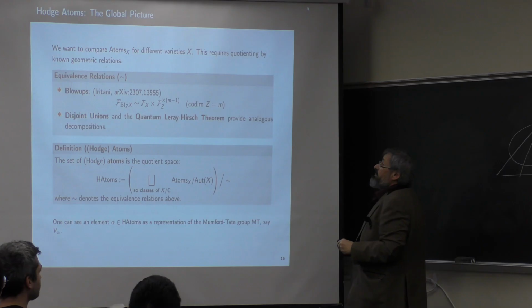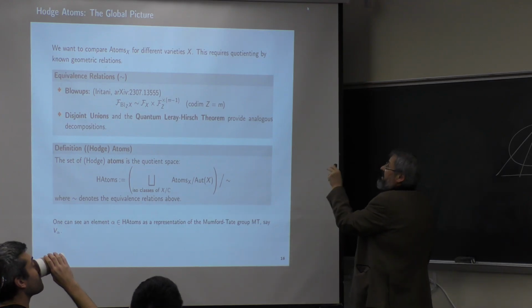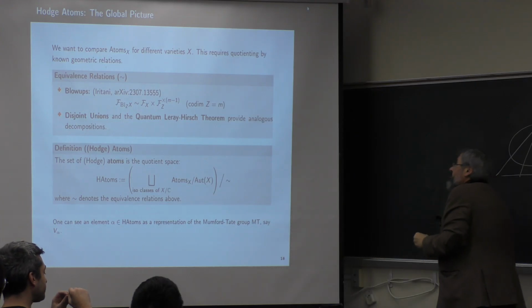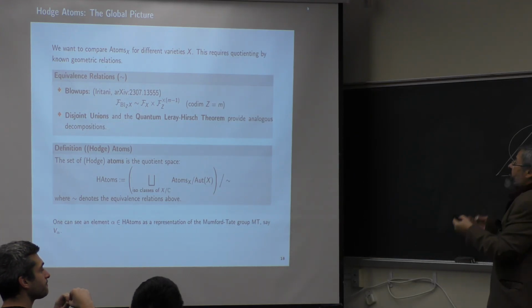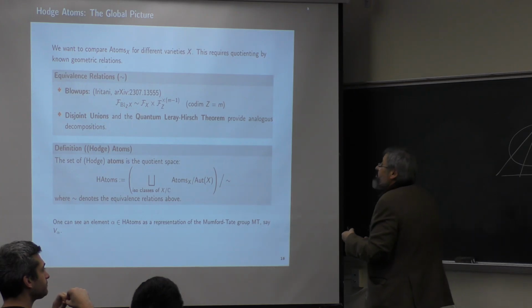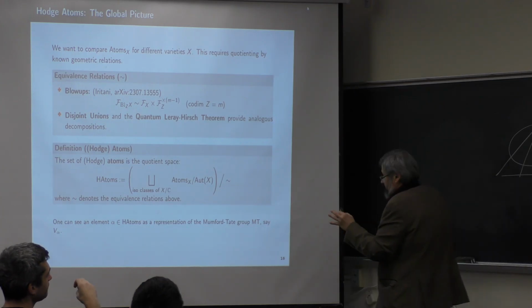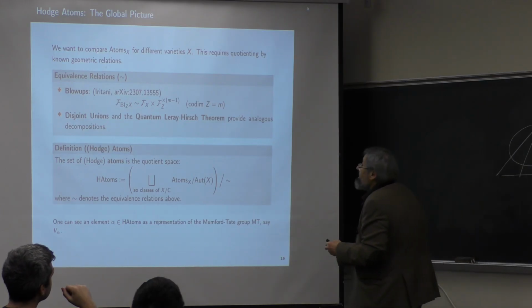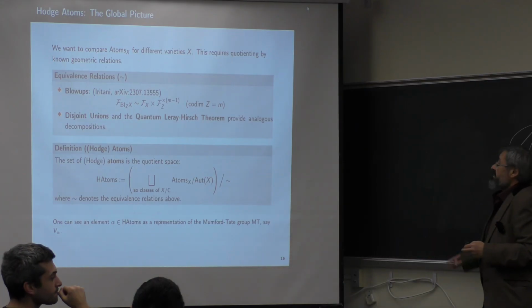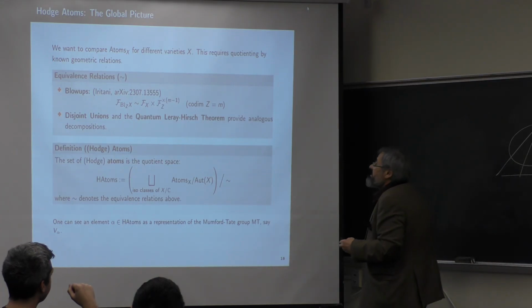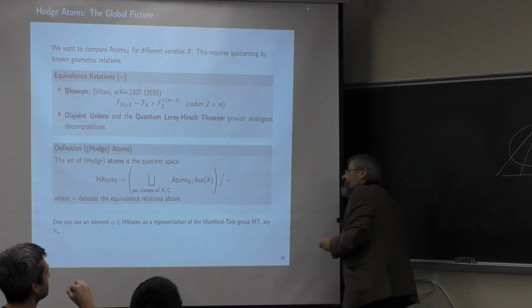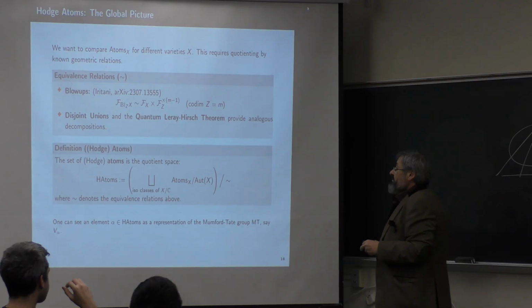We have some piece coming from X, and then n-1 other pieces coming from the things that we blow up. So this is one type of relation that we introduce, and then there is a certain quantum Leray-Hirsch-ish statement, in this case proven by Hu and Cox, and also treated by Iritani, which allows us to consider these isomorphism classes of atoms.